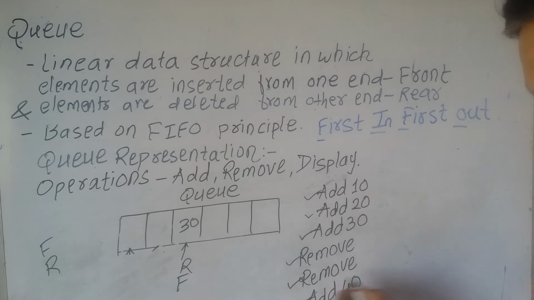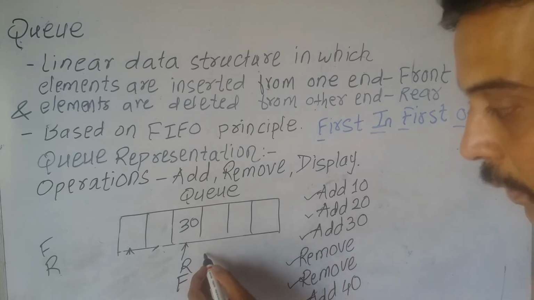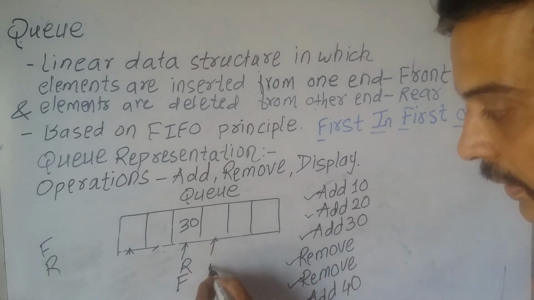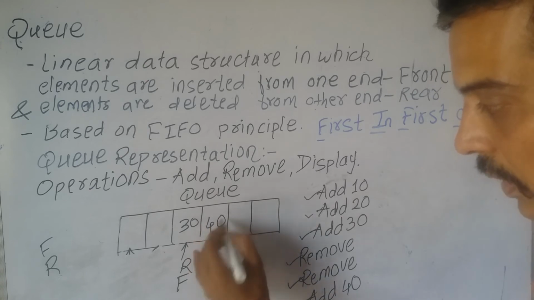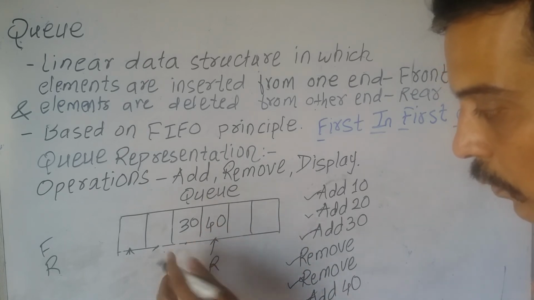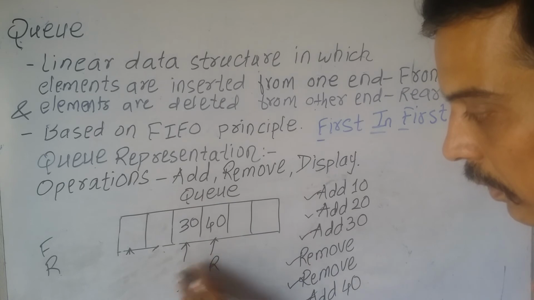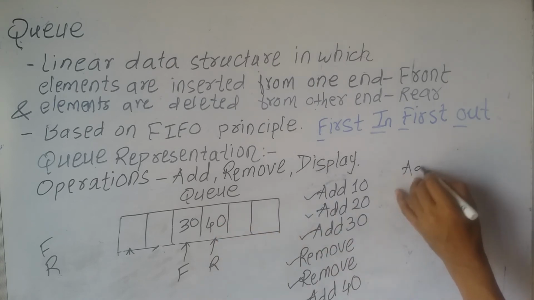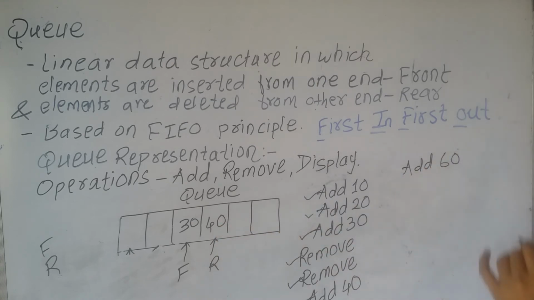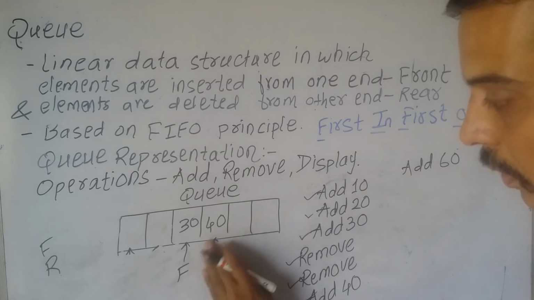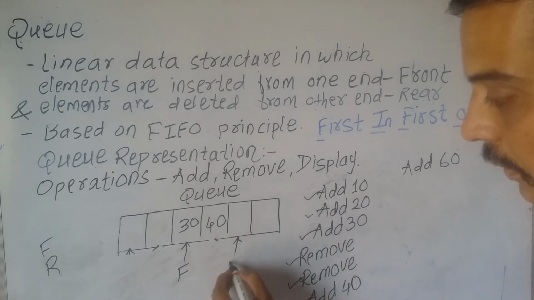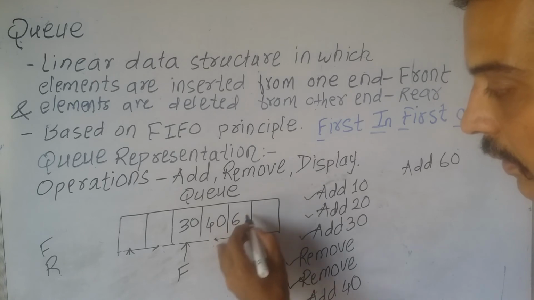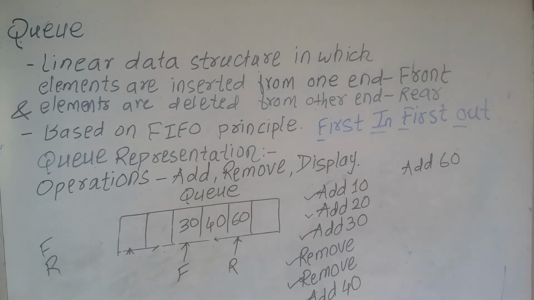Now again I am performing add 40. Adding means only the rear is incremented and 40 is added. So the front is pointing to element 30 and the rear is pointing to element 40. Again if I perform another operation, add 60, only the rear is incremented and I will get the element 60 over here.